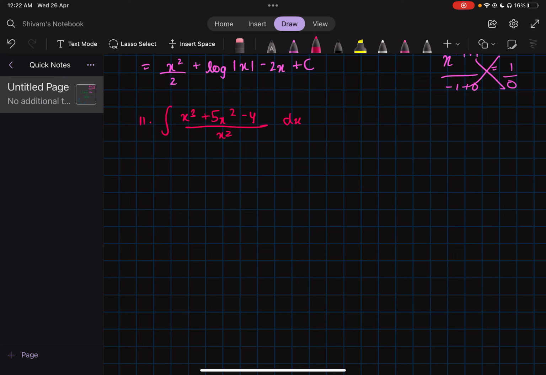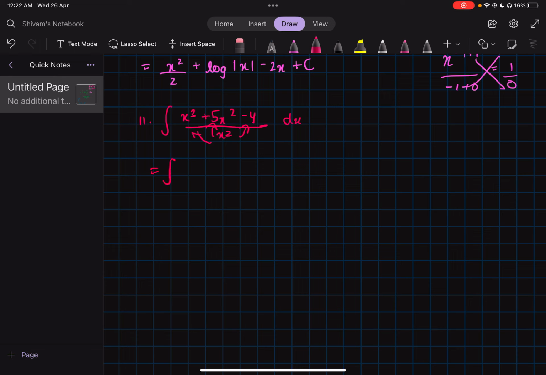In questions like these, what you want to do is give the denominator to each of those terms separately. So you can have three individual terms and you can easily apply the power rule in this case, right? So we're going to integrate.